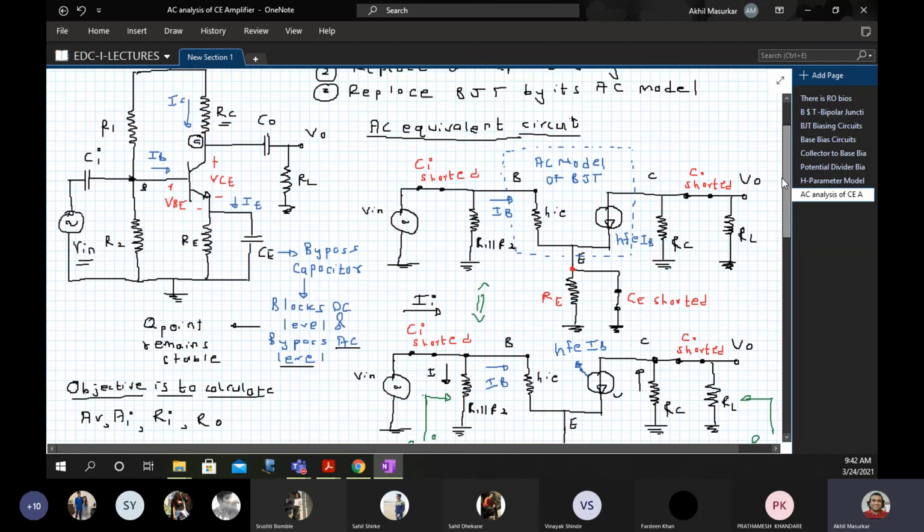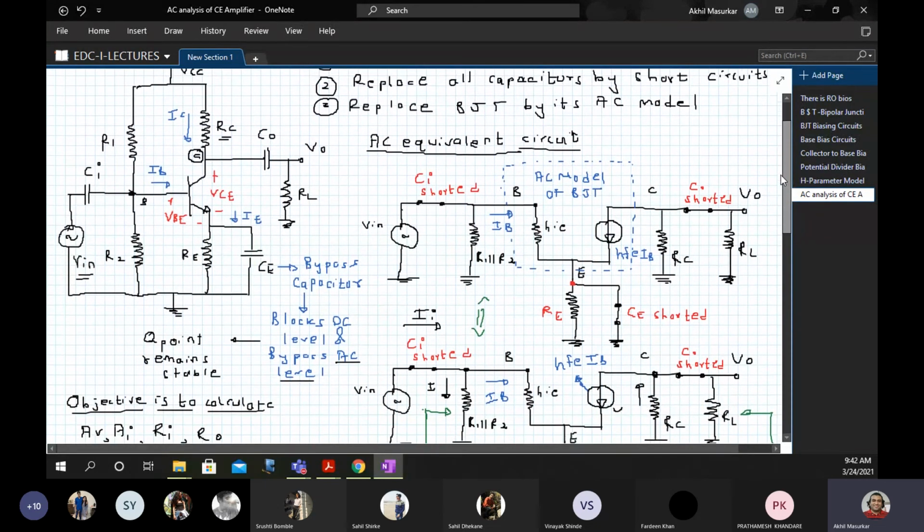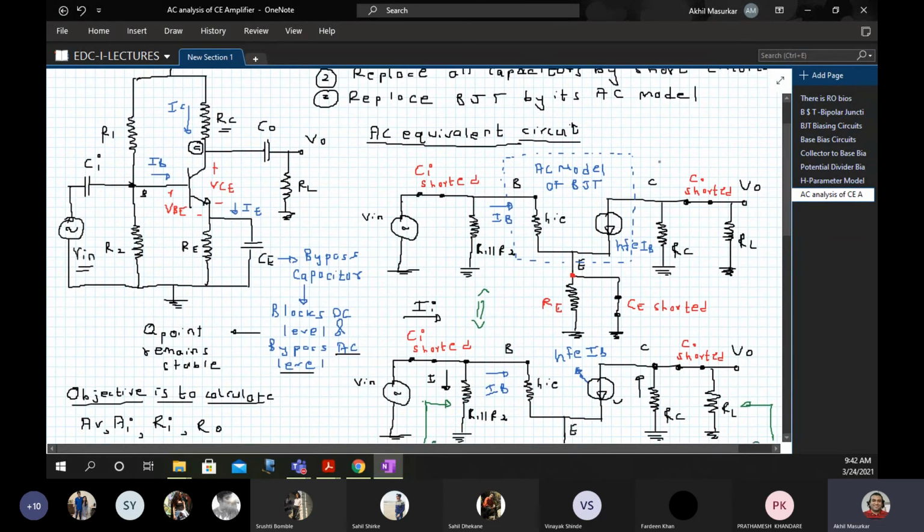Please copy the circuit with RL and the AC equivalent of the circuit.